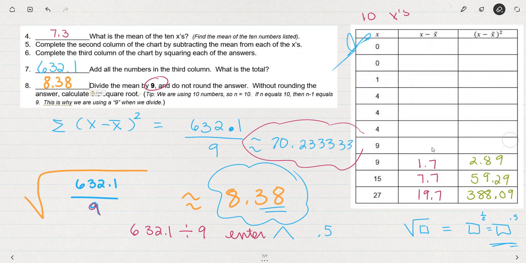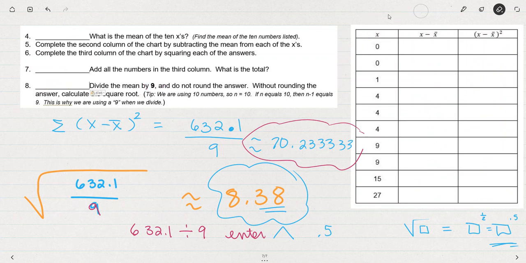So erase everything you have in the chart and try this process one more time from a blank page and make sure that you're still getting the 8 and 38 hundredths. If you can get that 8 and 38 hundredths on your own, then you know you're ready to move on to part 2, doing the standard deviation with the numbers in your surveys.